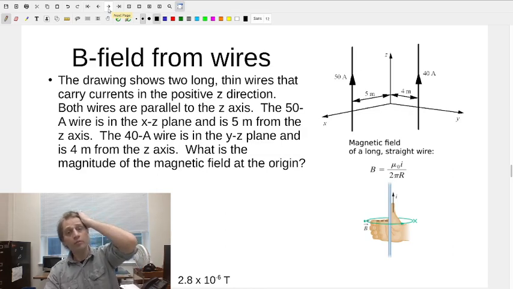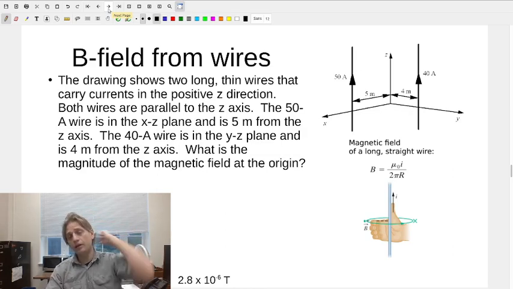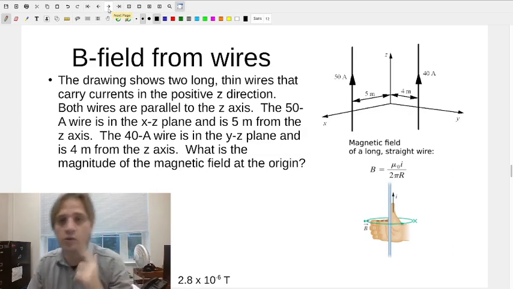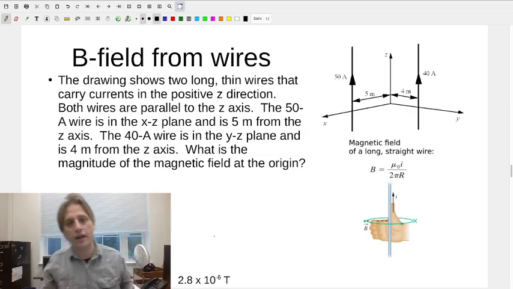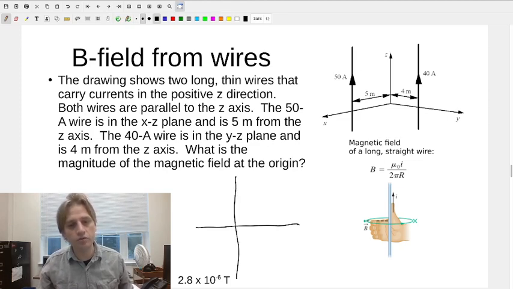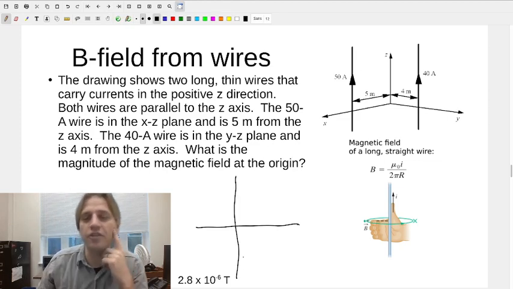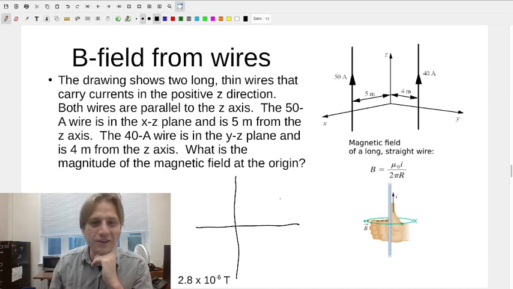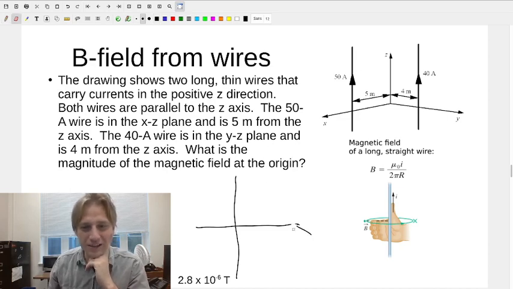Now, you'll remember we did a problem in this most recent homework that required you to think about the magnetic field from 2 different wires. And I regret to inform you that that is relevant to the test. How is it relevant?